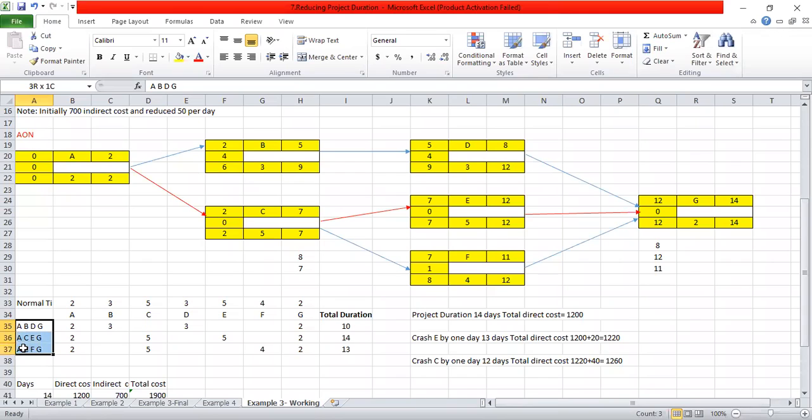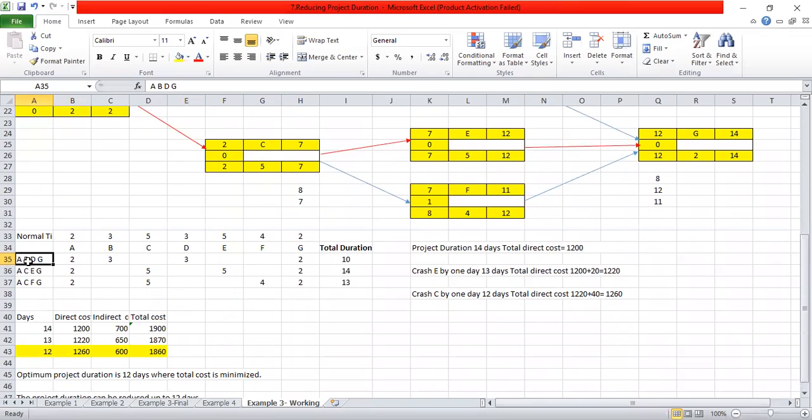After writing down all the paths, I will take the total duration relating to each and every path. For A, B, D, G, I will take the normal time of A, B, D, and G.